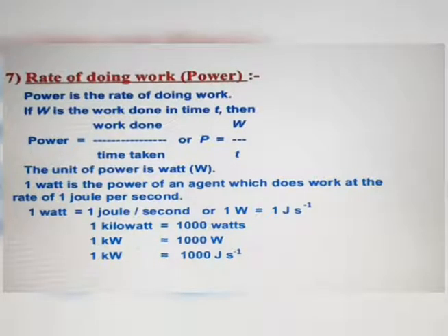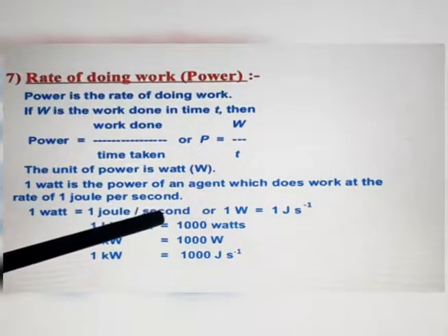That means W divided by t gives us P. The unit of power is watt. 1 watt is the power of an agent which does work at the rate of 1 joule per second. That means we can say that 1 watt equals 1 joule per second.